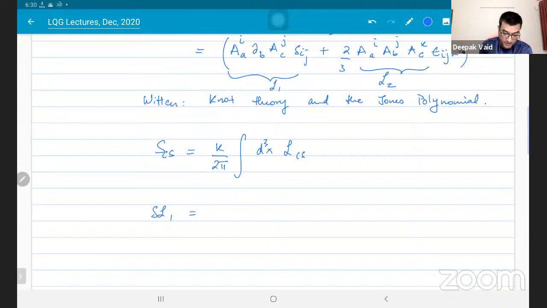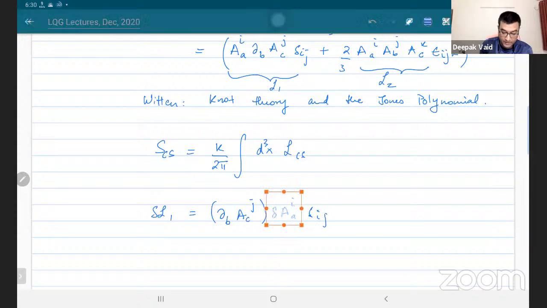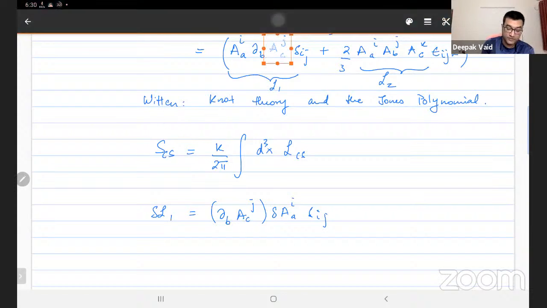term of this Lagrangian density, you will get a term of this form times delta Aij, right? And then you can do an integration by parts and write down again the expression for the perturbation of the second term.